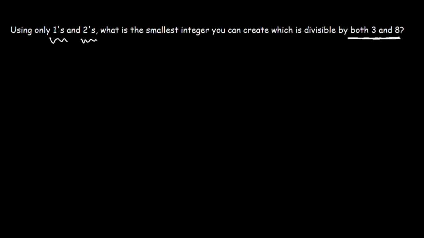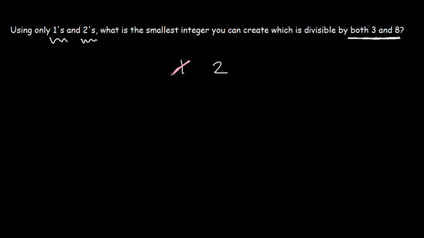Alright, so what is the smallest number you can form with 1 and 2? Well, it's 1 and 2, right? Because these two numbers are actually integers. But we can definitely eliminate 1 because whatever number we're going to get, if it ends in 1, it's not going to be divisible by 8, because 8 only divides into numbers that end in even numbers.